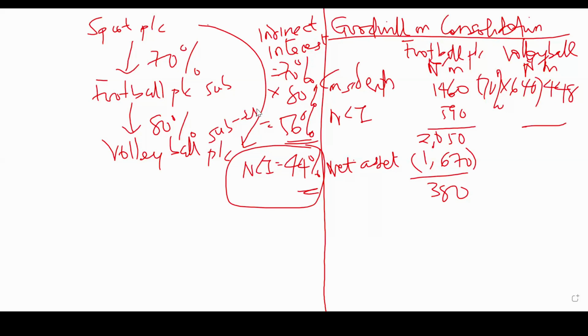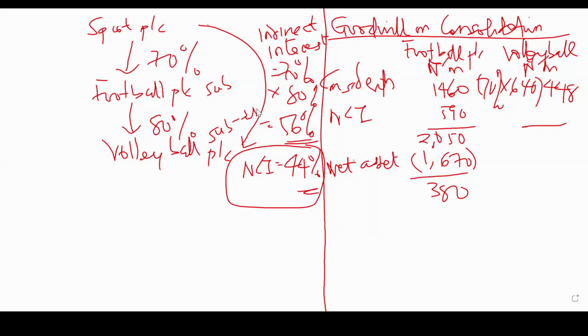So 70% of that cash belongs to us. The remaining 30% belongs to the NCI, and we are still going to treat that remaining 30% when we are valuing the NCI under volleyball. Is it clear now? We will not do 56%. We're going to do all of that 70% that they own.